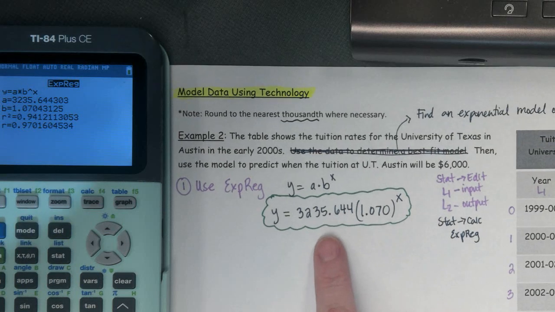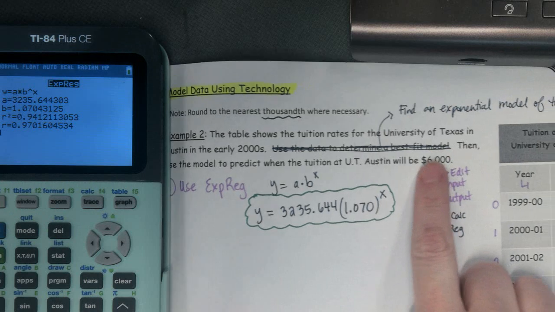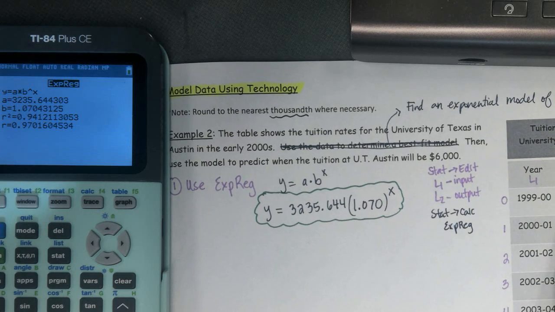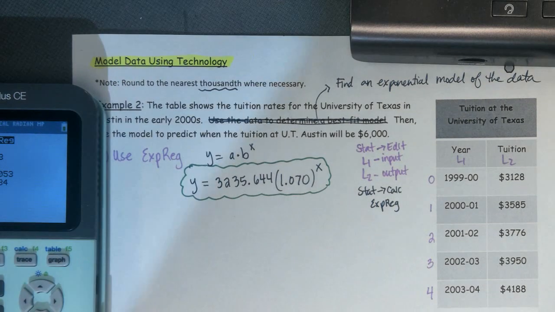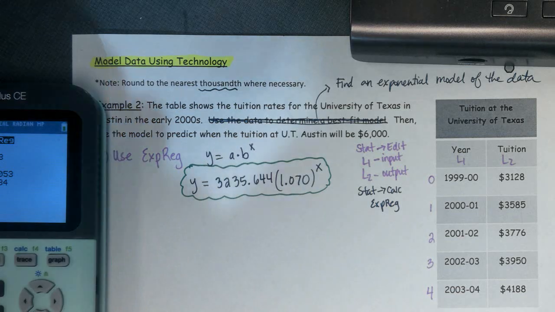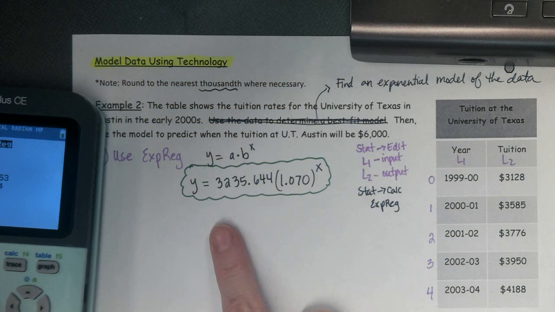Okay, and then it says to use the model to predict when the tuition will be 6,000. So the tuition is your output or your Y value. So if you're trying to find the output, that's when you're going to put that in your y equals, and you're going to find the intersection.